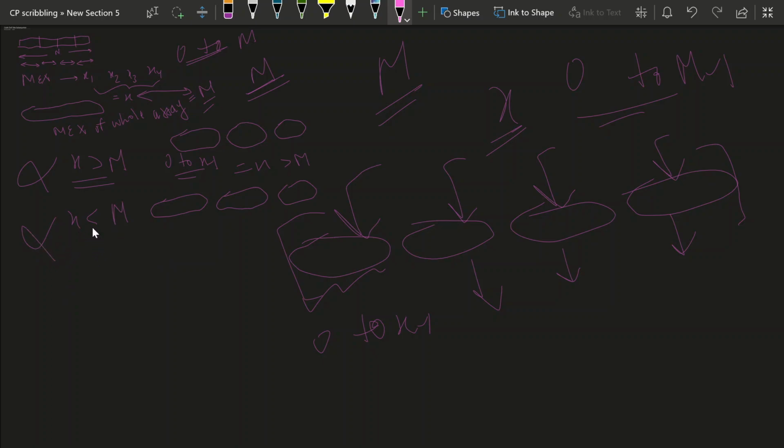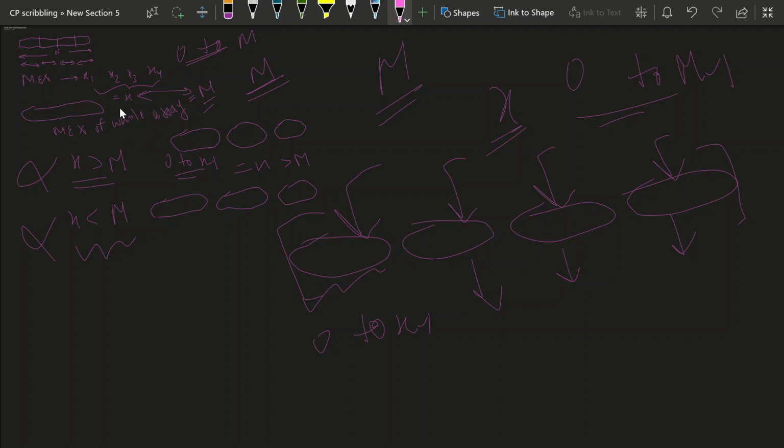Like I'll quickly go over it again. This case wants the condition to be such that when you divide this whole array into segments, all of these segments should contain the values from 0 to x minus 1, but none of them should contain the value x, right? So if none of the segments contain x, that clearly means that x is not present in the array, right?